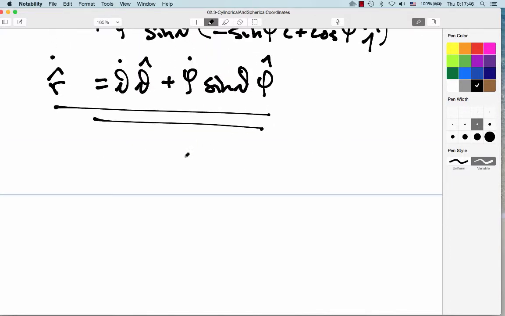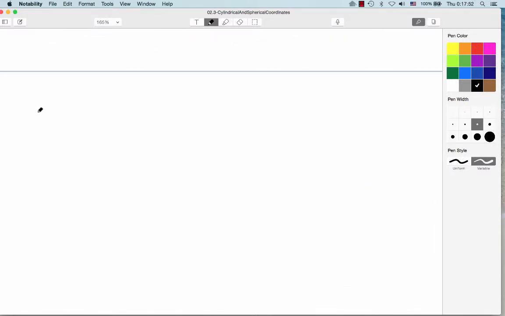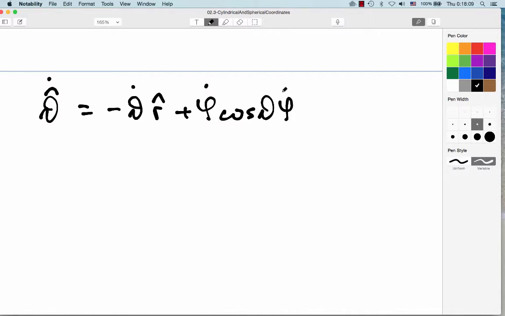Excellent. Similarly, we can do theta hat dot, and you will get that it is minus theta dot r hat plus phi dot cos theta phi hat. You should either convince yourself by trying to do small differential moves along the theta hat direction and see what happens, or by going ahead and gutting it through in the Cartesian coordinates.